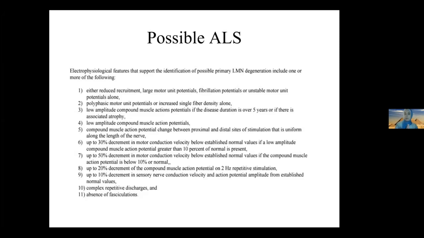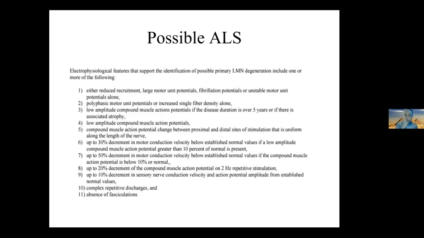You can remember that I said in the rules, the conduction velocity should not be less than 75% of normal. However, if I find that the amplitude is so small, and we commonly see this in ALS, we can allow up to 50% decrement in motor conduction velocity, and up to 20% decrement on repeat stimulation.